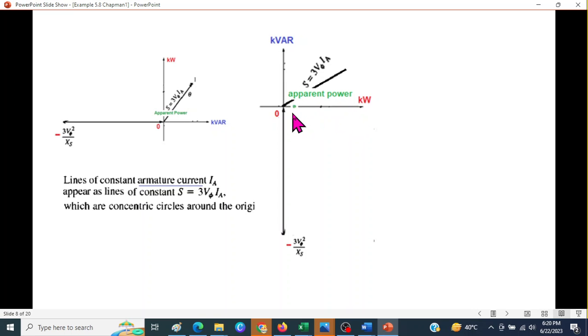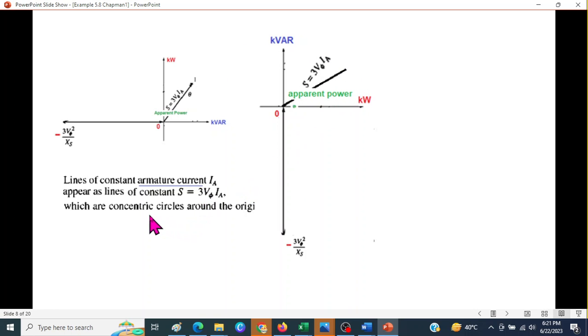Now our real power, or the wattage power, is in the positive direction, and reactive power is both positive and negative. Now this is our apparent power. So that is what it is saying, that for the line of constant armature current Ia, if the armature current is constant and the phase angle changes, then we'll get a circle here.